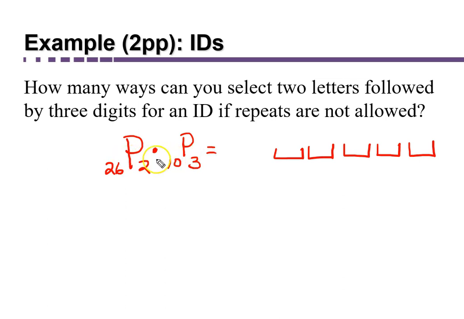So something like this, rather than work it through arithmetic, we would just put that into our calculator, and you would go 26, select P, 2, times, then 10, select permutation, 3, equals, and this comes out to 468,000.